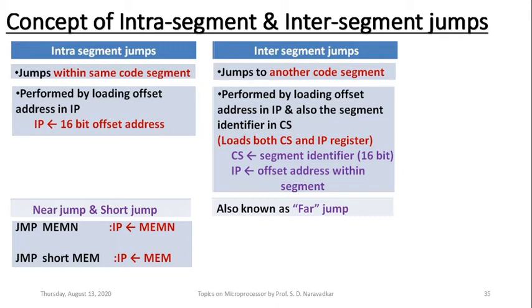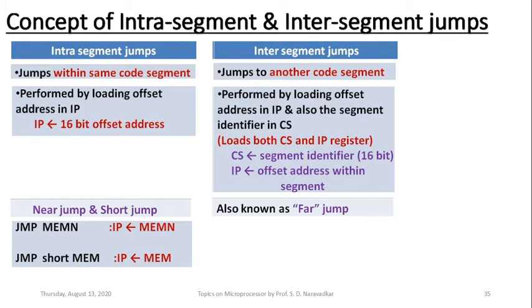Now this first example here on the left side is the example of a near jump. Whereas the bottom example, the second example, JMP SHORT MEM, here that label MEM is a short label. I want to explain what I mean by short jump, say within 5 minutes from here.